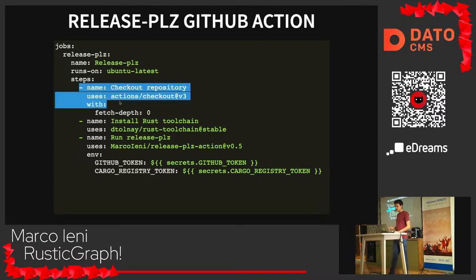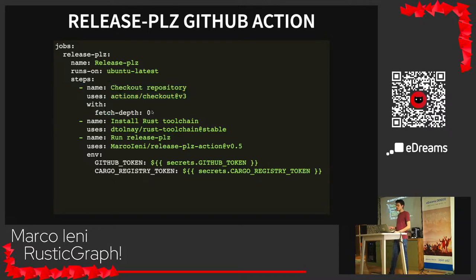You just check out your repository, install the latest Rust toolchain, and run release-plz, giving it your GitHub token to create PRs and GitHub releases, and your cargo registry token, the token it will use to authenticate to crates.io. I just checked before coming here: release-plz is now used in 100 projects, so that's great.